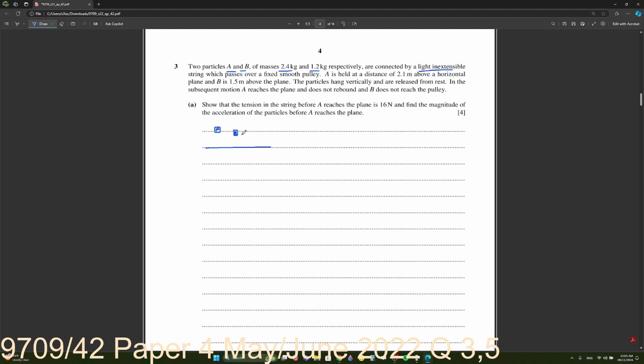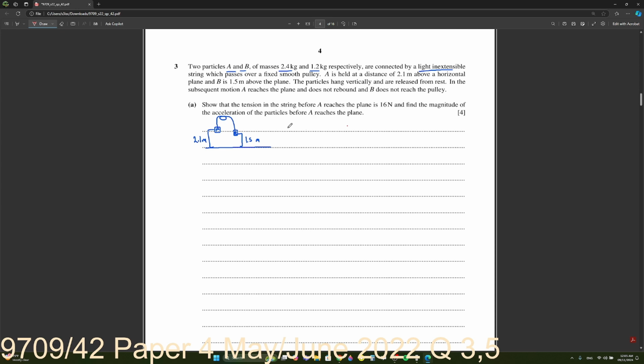B is 1.5, A is 2.1. They're both connected to a pulley, right? What happens when they're released? A goes down, it hits the plane, but B does not reach the pulley.